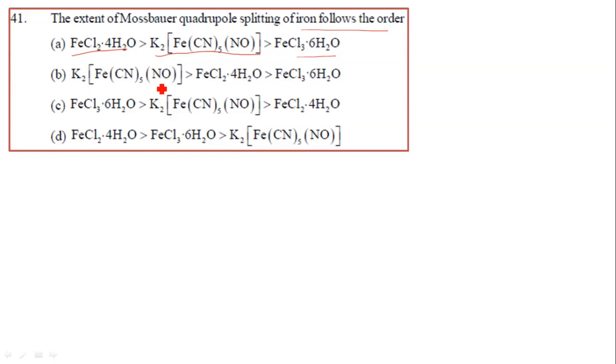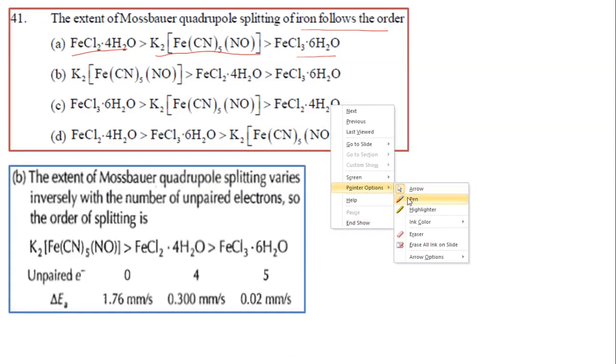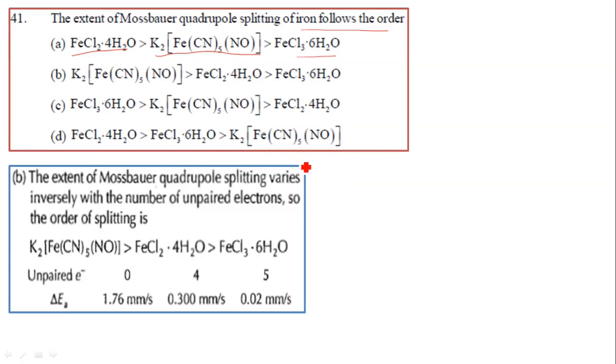Which has more quadrupole splitting? You have to arrange these. So take the first compound, FeCl2·4H2O. This is Fe2+, which is d6.